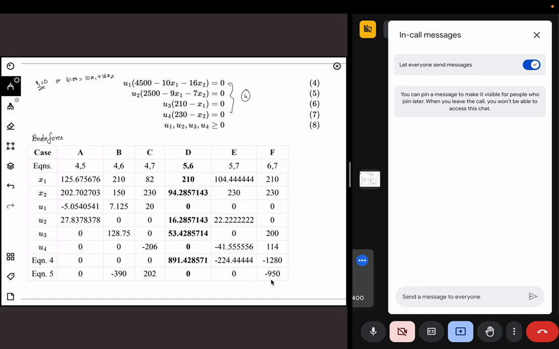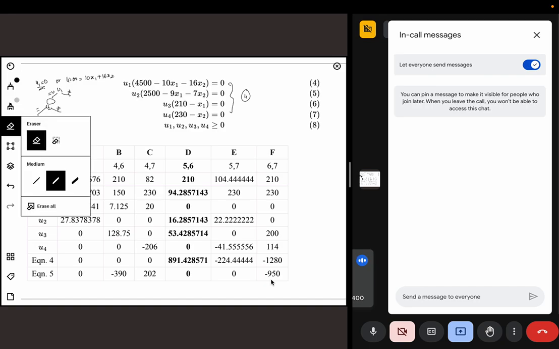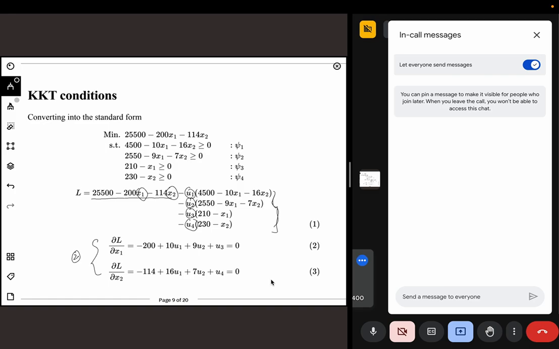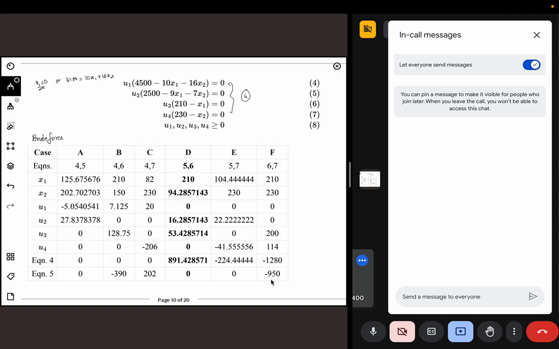Here also you have two different cases. So u1 can be 0 or not 0. Again, for this combination I have to check for u2 whether it is equal to 0 or not equal to 0. Then you have to keep trying all those combinations till all the six equations, 2, 3, 4, 5, 6, 7, are satisfied.